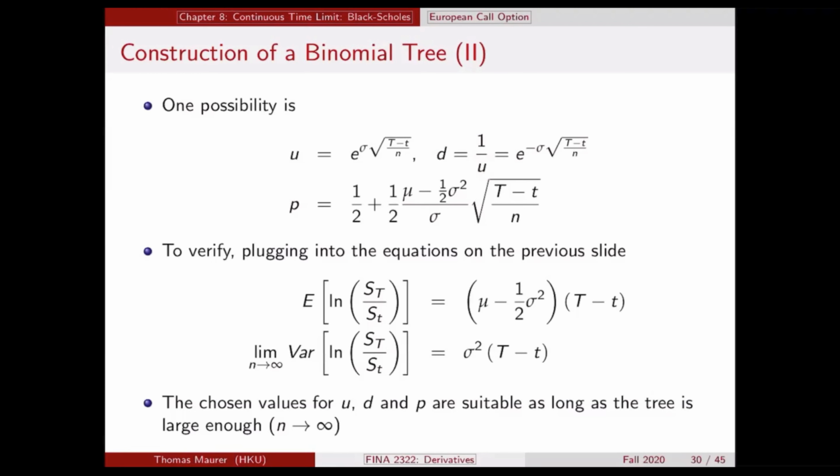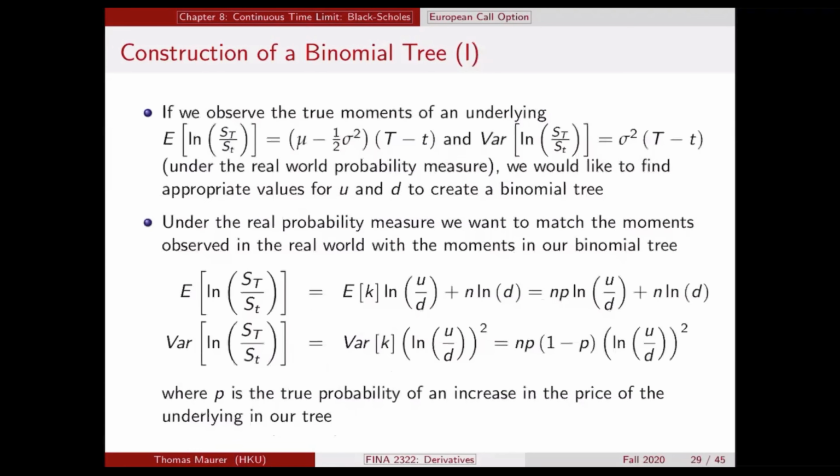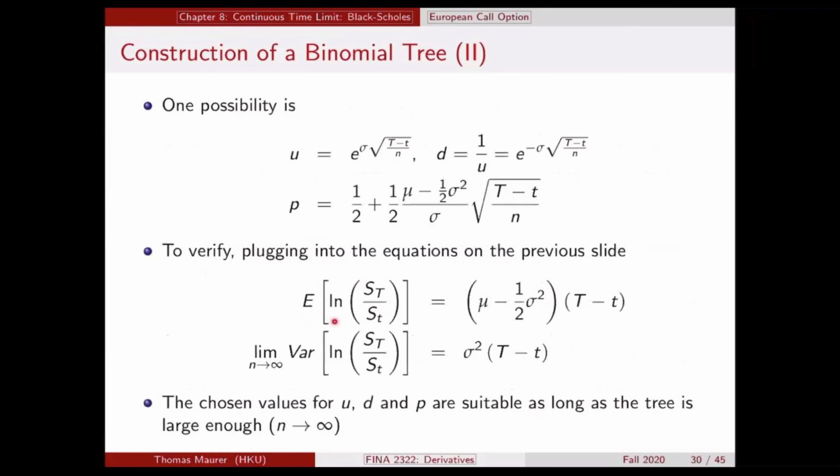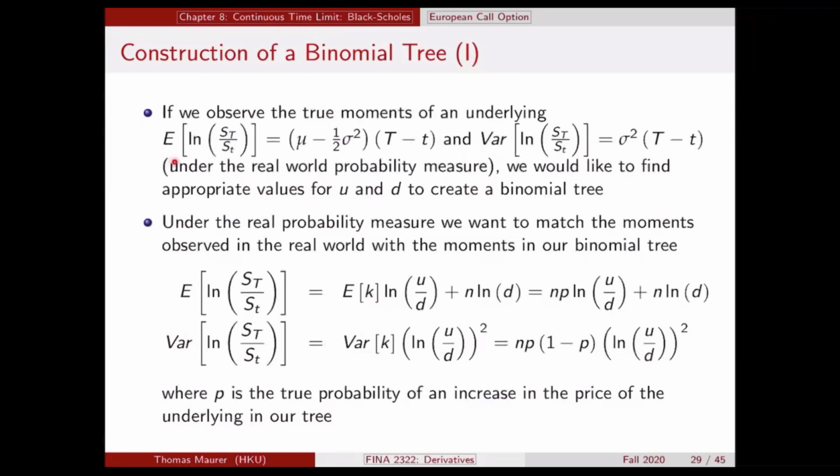If you choose U and D this way, then we can actually figure out that P has to be chosen equal to this thing over here, such that, again, if we plug in U, D, and P into this equation over here, then this thing turns out to be exactly equal to mu minus 1/2 sigma squared times the time horizon, and that's exactly this expectation of the log return which I observe from the data.